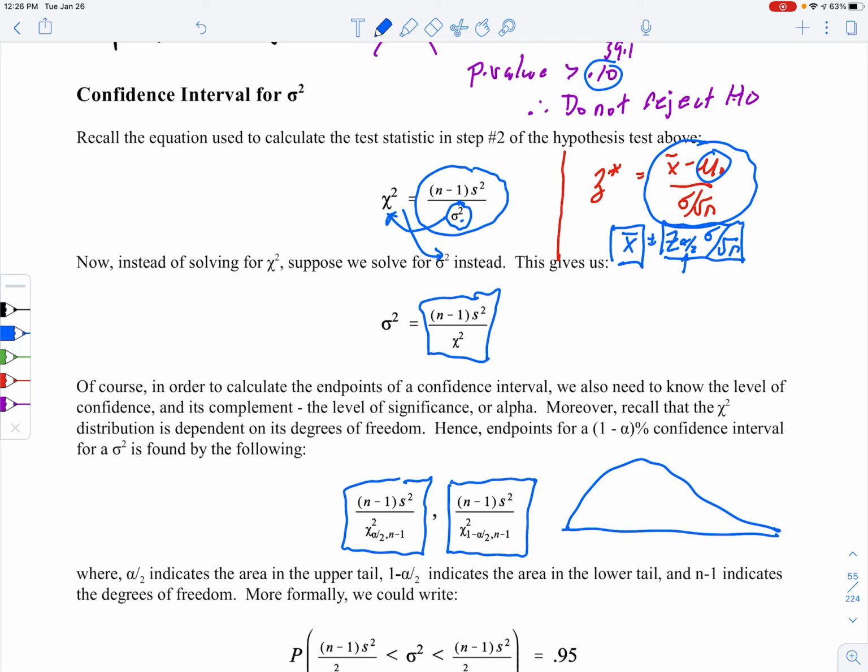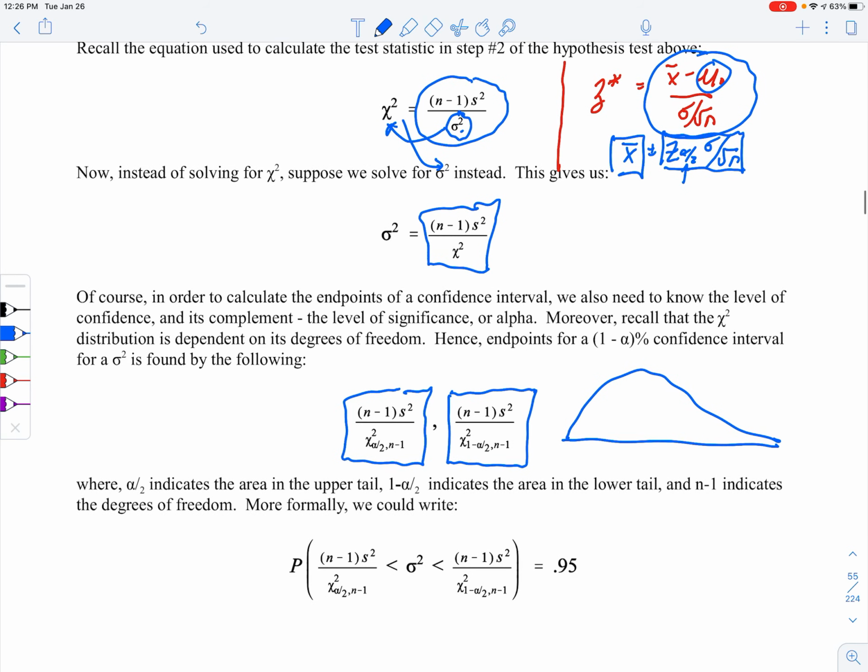Now you still have a margin of error here in terms of one's higher than the s squared value, one's lower than the s squared value, but the distance won't be exactly the same, because it's not a symmetric distribution about zero. It's a skewed distribution around the degrees of freedom.